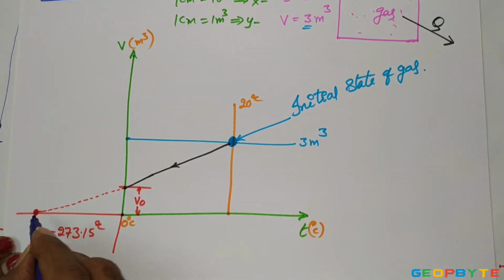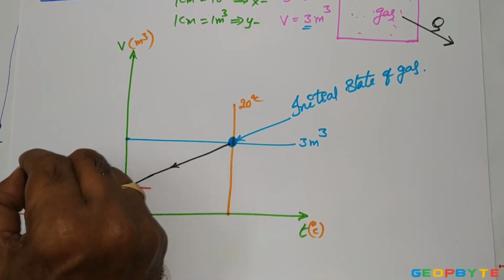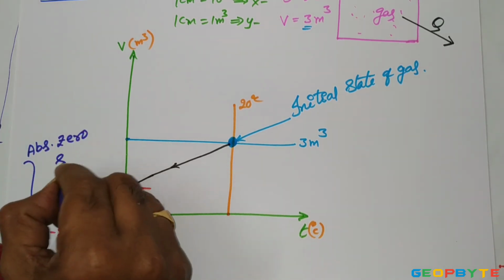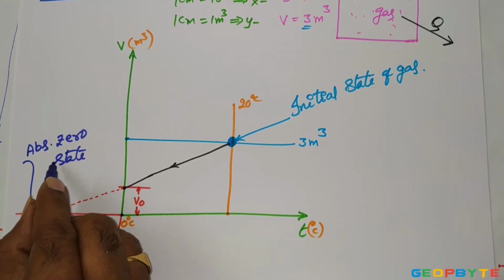Since the molecular momentum is zero at this particular state, that state is called absolute zero state. Absolute zero state means the state at which the molecular momentum is absent.